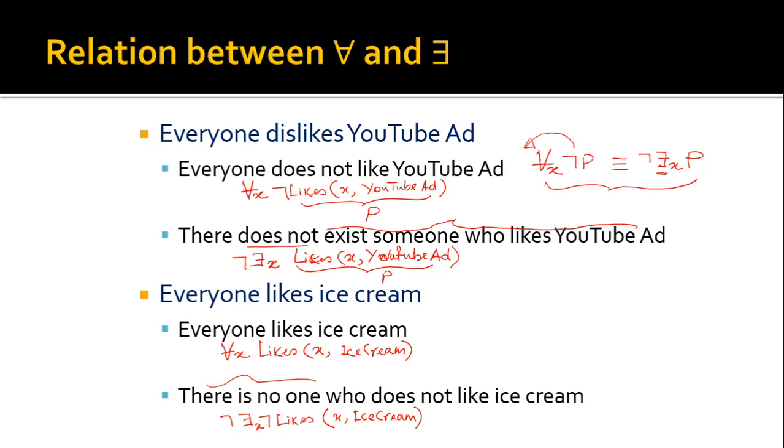So again, this is your P. So this part we can say for all x P, and this part can be written as not of there exists x, not of P. These two are equivalent.